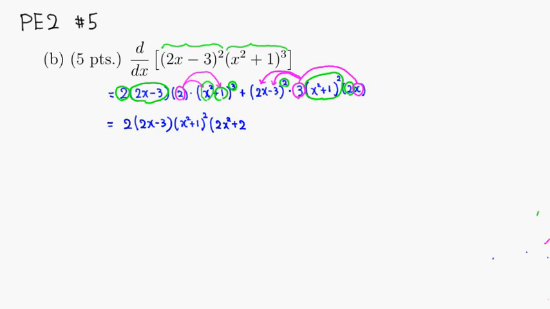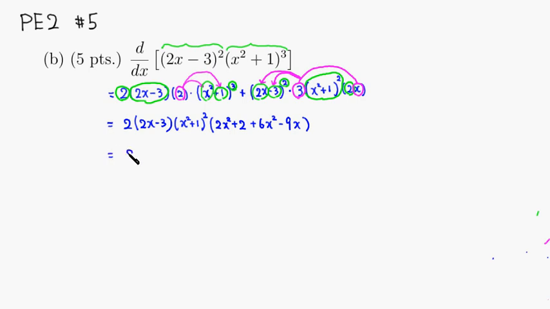So 3x times 2x would be 6x squared, and 3x times negative 3 is negative 9x. So those are the leftover terms, so everyone's taken care of.